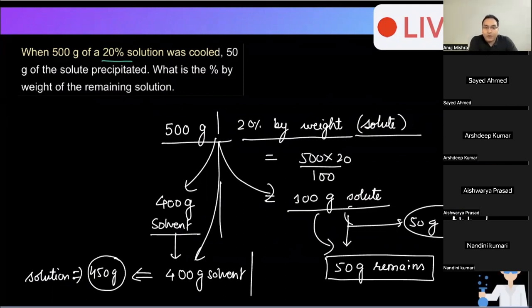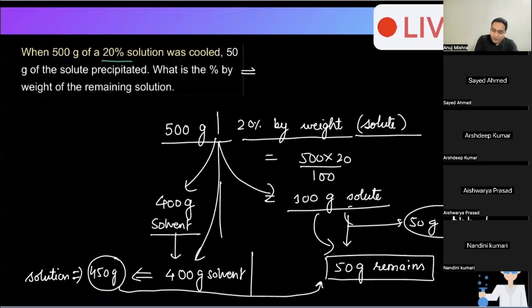In 450 grams of solution, what is the current amount of solute? Just 50 gram. 50 is solute, 400 is solvent, 450 is solution. Clear? Now read the question. What is the percent by weight of the remaining solution? The solution that we have right now.